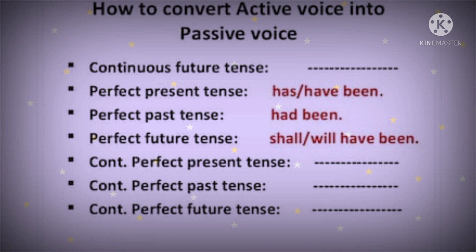Present continuous is, am or are plus being, and past continuous is was or were plus being, and future continuous does not have a passive form. And perfect tenses: have or has plus been, past had been, future will or shall plus have been. Okay, please remember the structure of it, children.